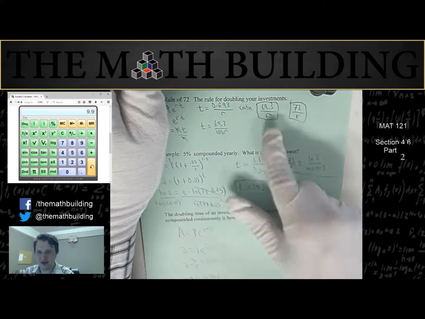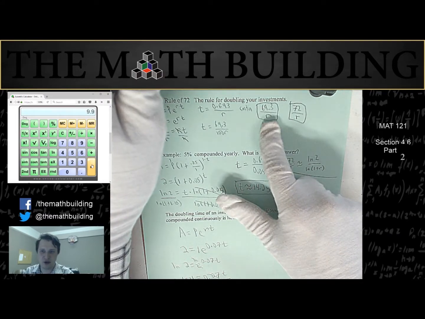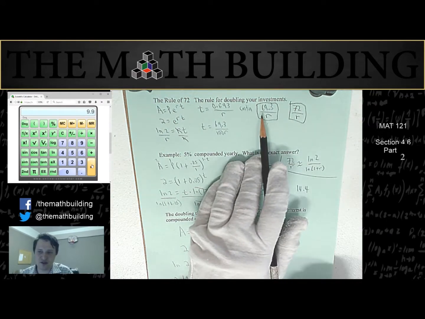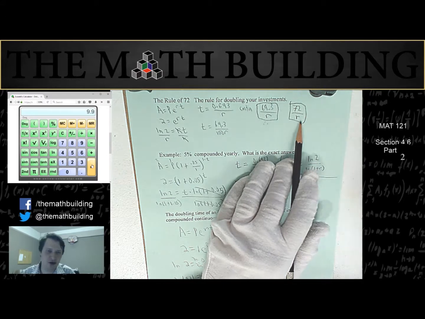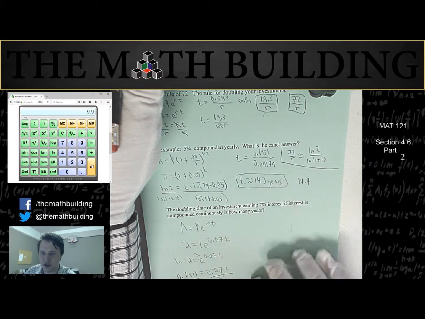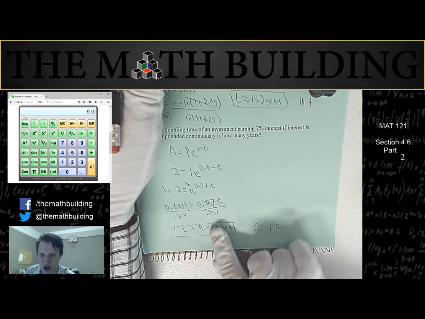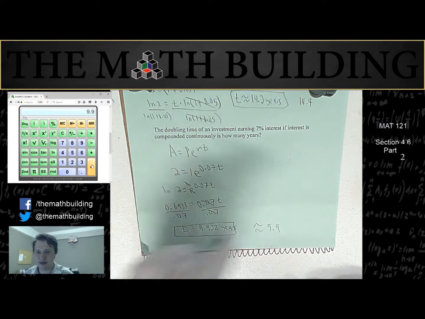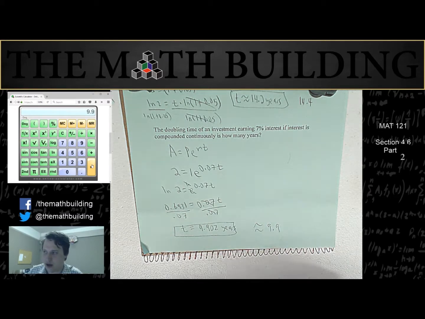That's why we use 69.3, because you multiply them both by 100. So these are two little shortcuts, this one for continuous, this one for regular compounding over a regular interval. And you can see that you get pretty close without having to do all the natural log math. So if you want the exact answer, you need to do the math, but this is a good back of the envelope thing you can do.